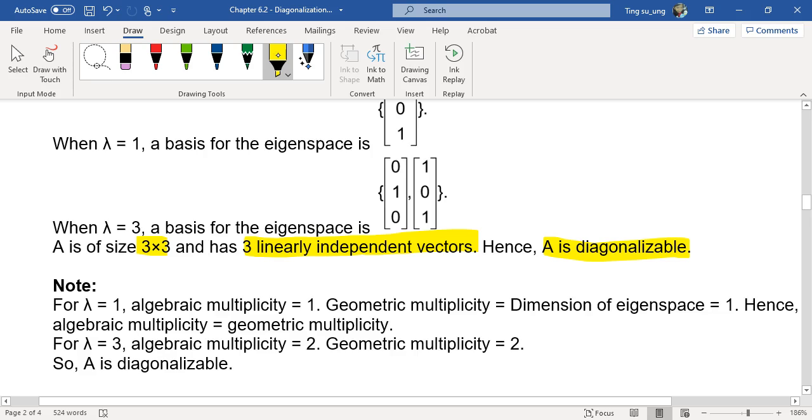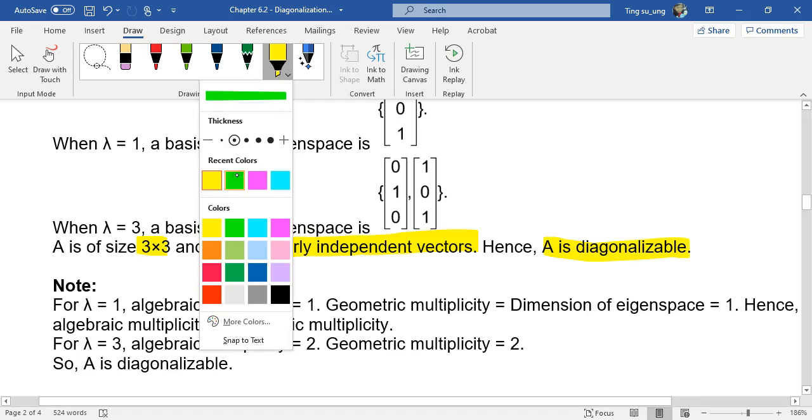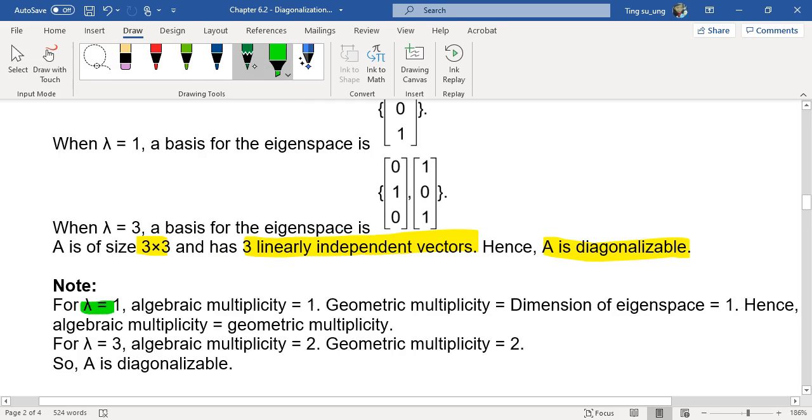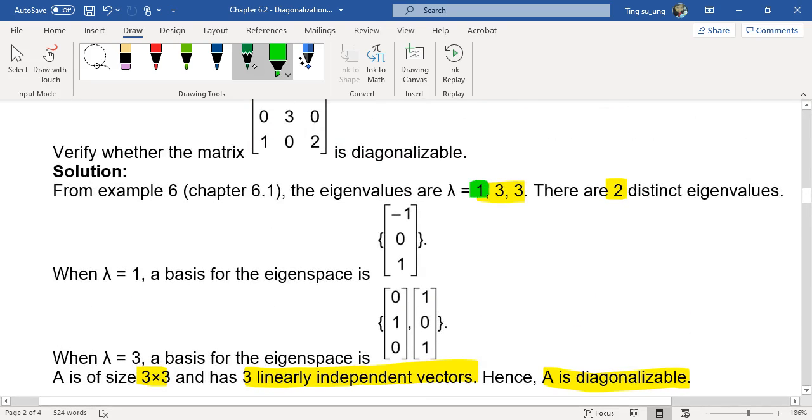Or some of you may like to check with the multiplicity condition as well. Why not? To double confirm, no harm. So let's say your lambda equals 1. What is your algebraic multiplicity? It is 1, because it has been repeated only one time.